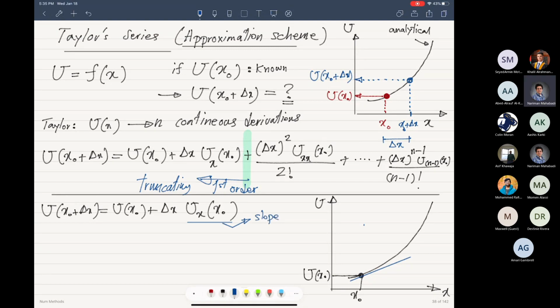Okay, what is the slope? Well, my slope is y divided by x. So let's see what that means. I'm moving from x naught to x naught plus delta x, which is what I'm trying to find. So this is x naught plus delta x, and this distance is delta x.